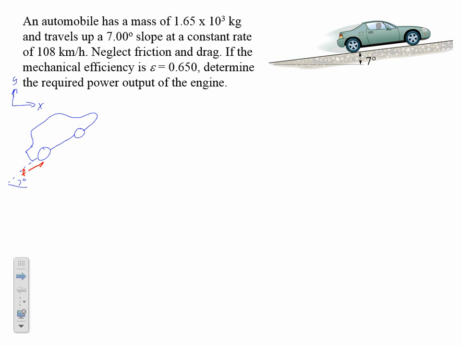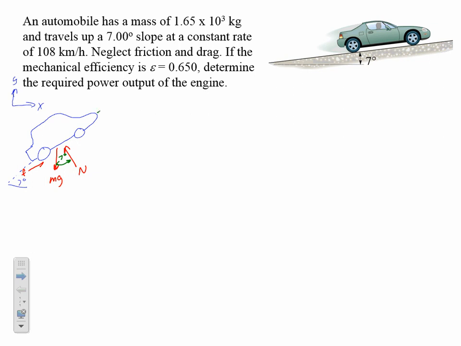There's going to be a weight force, mg. There's also going to be a normal force here. I can say that this angle between the vertical and the normal force is 7 degrees. So here's my 7 degrees there.